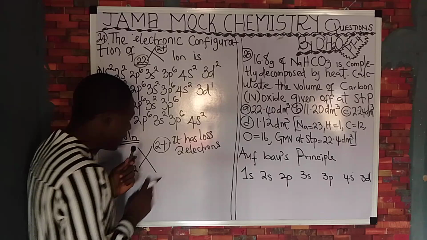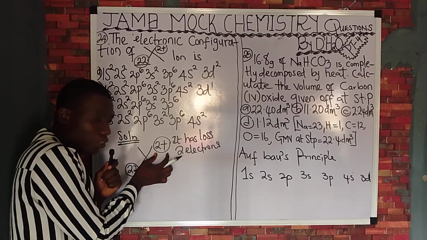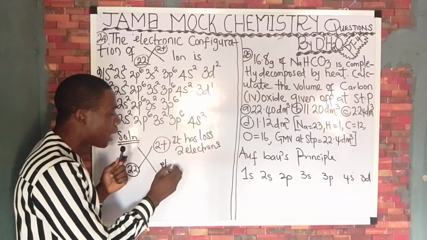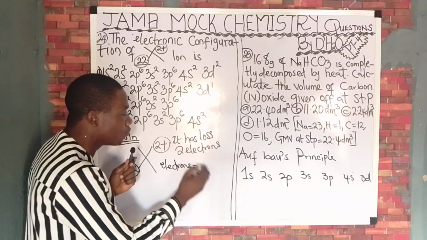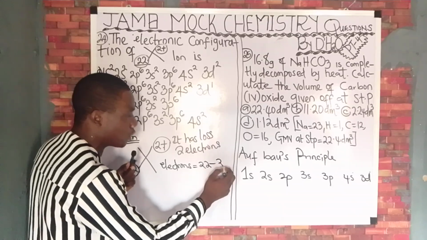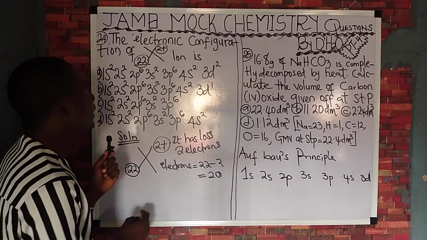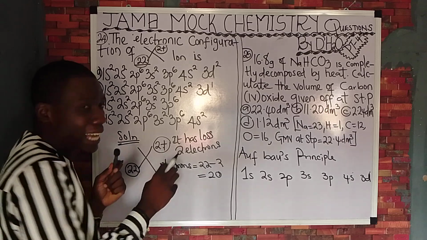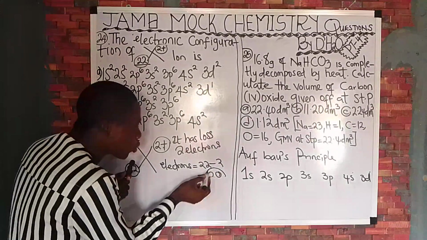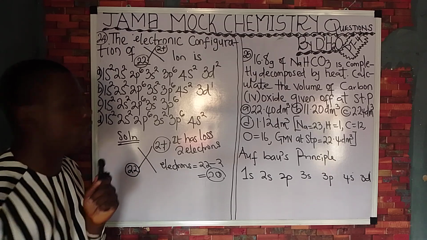So the number of electrons was supposed to be 22, but because it has lost 2 electrons, the electrons that will be left will be 22 minus the 2 that it has lost, which will give us what? 20. So the electronic configuration for titanium has to do with 20 electrons, no longer 22.